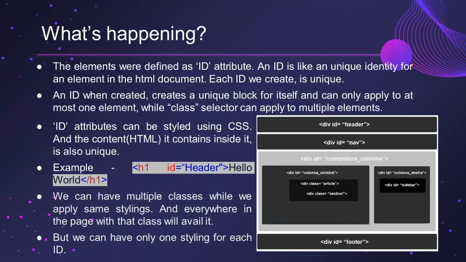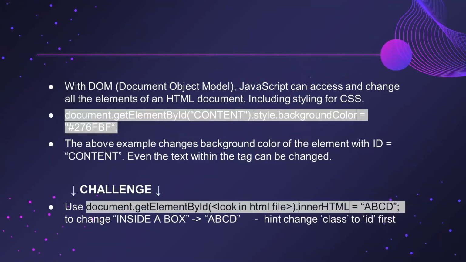But when you are defining a class, you can use the same selector in the CSS, and it will change the colors or data for that particular selector everywhere. But you can only use one type of ID for the whole web page. How to change them? You have to know JavaScript, right?